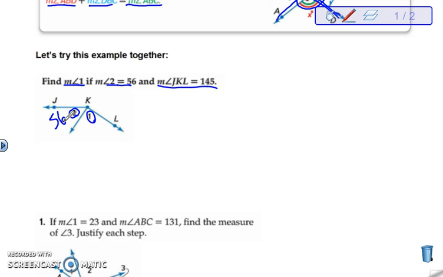It says JKL is 145, which represents the entire angle, the big angle. So we're going to put the 145 on the outside, and then we're going to make this little arc so we know we're talking about the angle from the two lines on the outside. We don't know what angle 1 is. That's what we're looking to find. So we just need to make that our x.